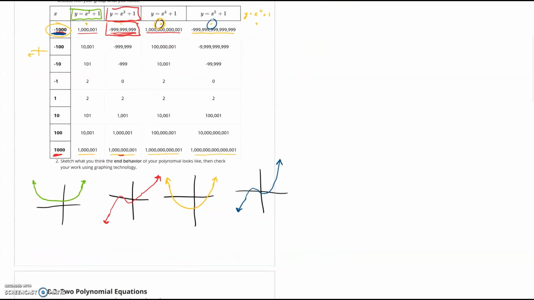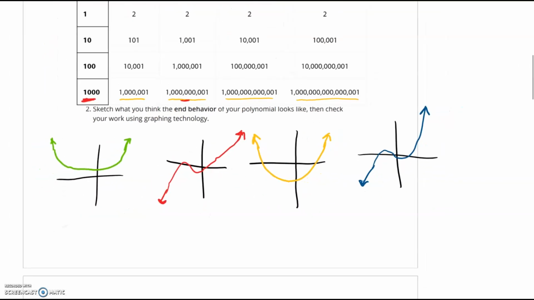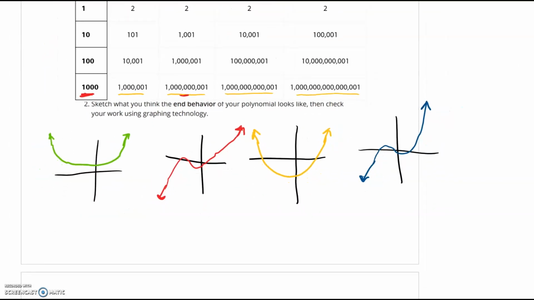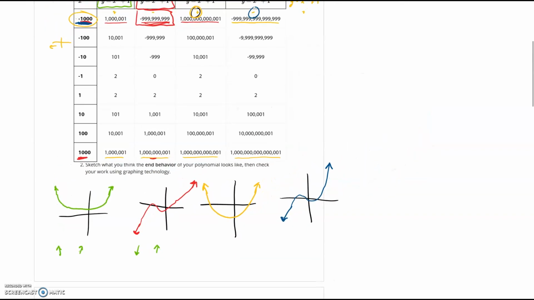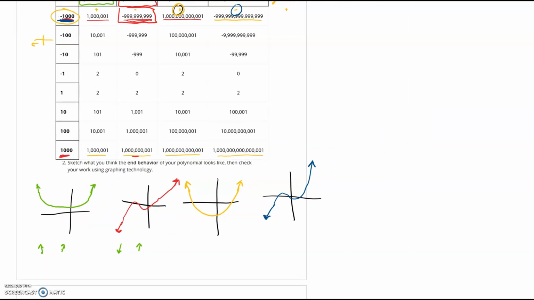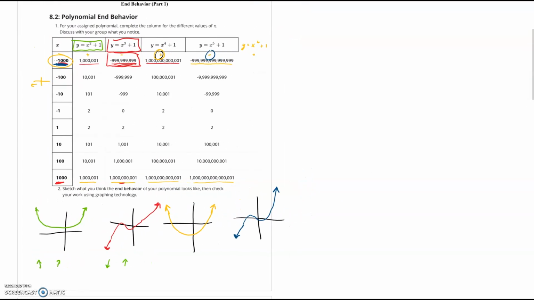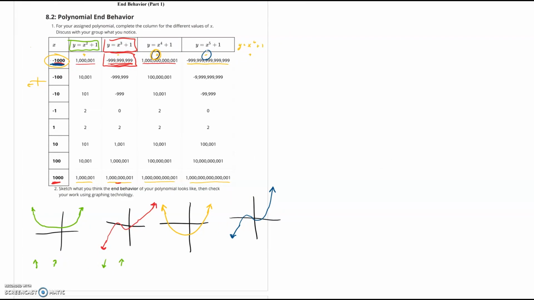So what I like to tell my students when we talk about end behavior is: the second degree goes up on the left, up on the right. Third degree goes down on the left, up on the right.